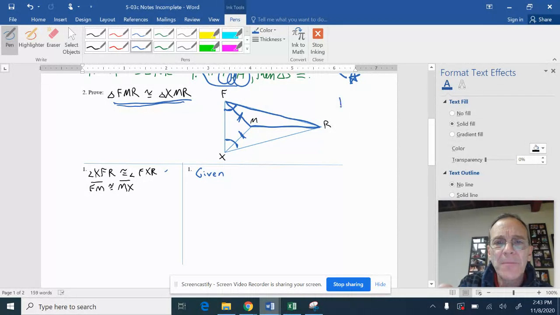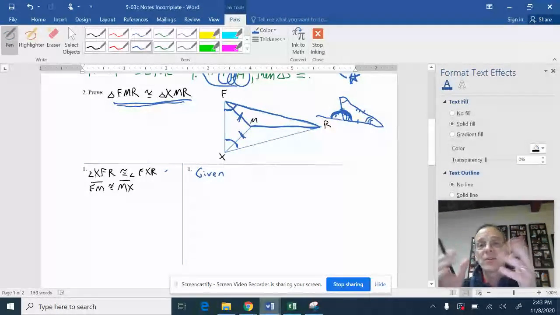The only things that we consider parts of a triangle are the sides of the triangle and the angles that are inside the triangle. Okay, if we extend this line out here and we're talking about that angle over there, that's not an angle inside this triangle. Okay, and this whole thing is not an angle which is part of the triangle.